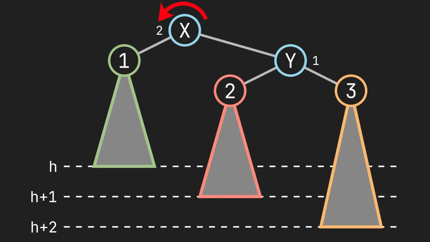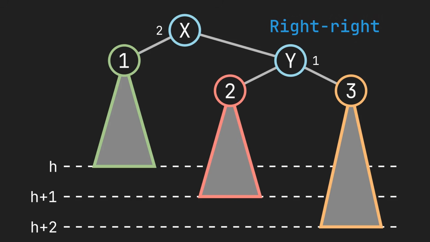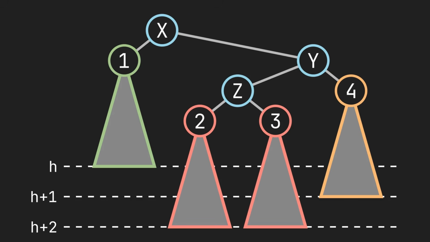For the first case, it's a single left rotation on the problem node that does the job. This makes all the subtrees have height h plus 1 and is known as the right-right case, as starting from the unbalanced node, the deepest subtree is reached by traveling right twice. For the second case, we need to look at even more subtrees, which I'll shuffle around in our rotation. It doesn't matter which of these has height h plus 2 and our procedure works either way.